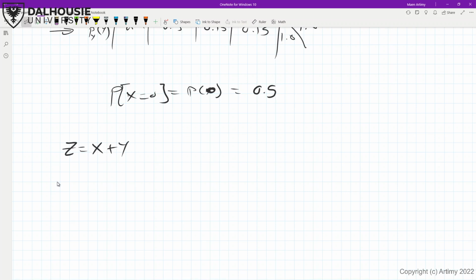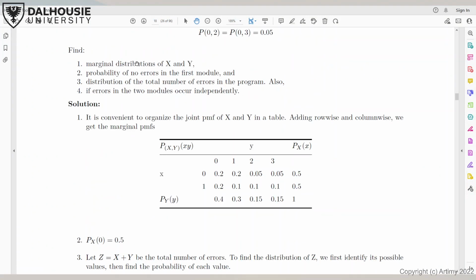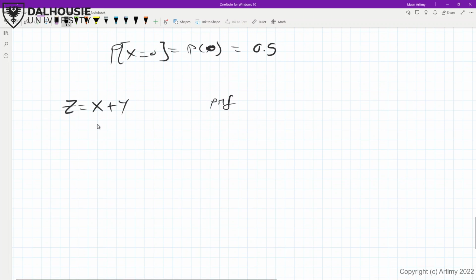They ask us for the probability distribution, which is the mass function, right? So we need to find pz(0) and pz(1) and so on.